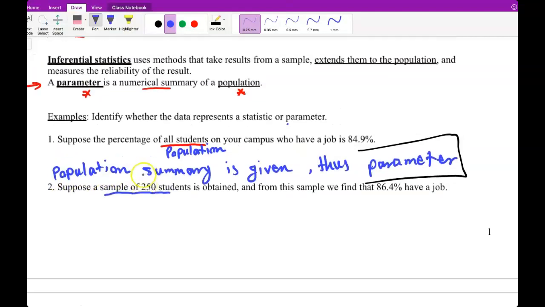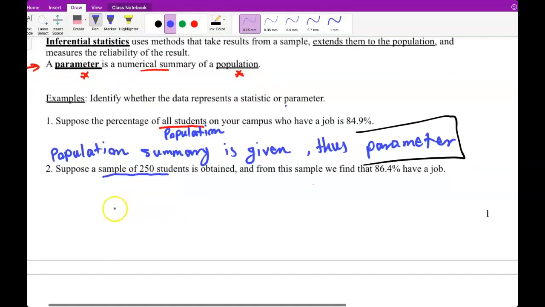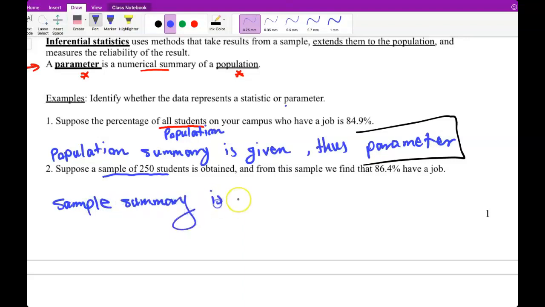Since we have a sample, that means I use statistic. So a sample summary is given. Therefore, this one is a statistic.